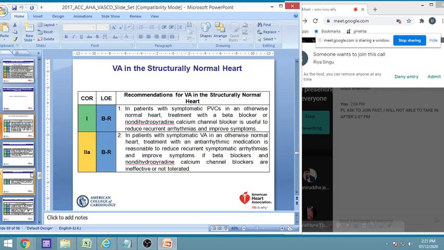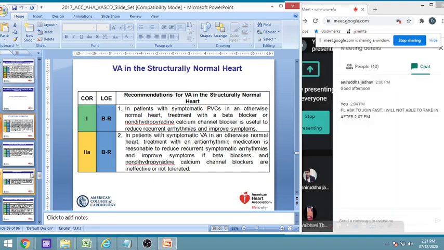For a patient with symptomatic paroxysmal ventricular arrhythmias or tachycardias in an otherwise normal heart, in that case, a calcium channel blocker is useful to reduce recurrent arrhythmias and improve symptoms. For symptomatic ventricular arrhythmias in an otherwise normal heart, treatment with antiarrhythmic medication is reasonable to reduce them.